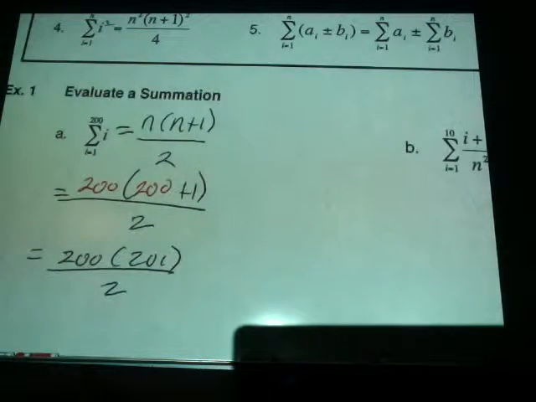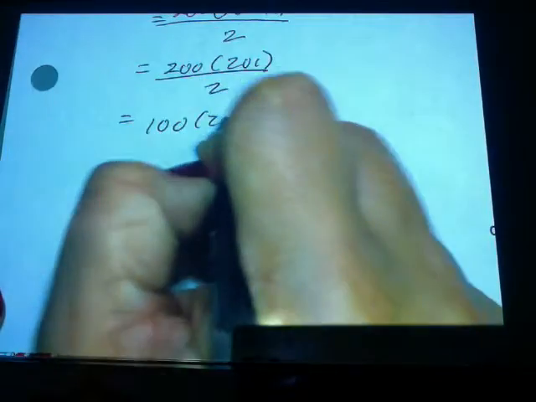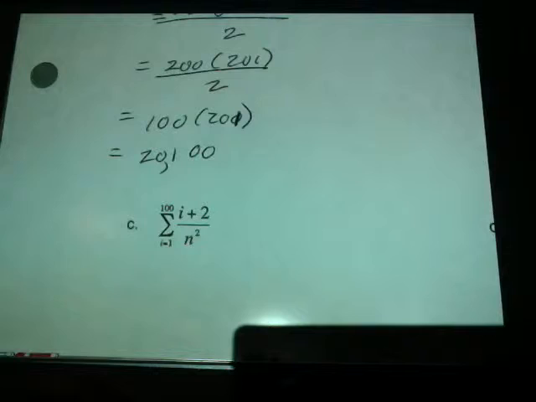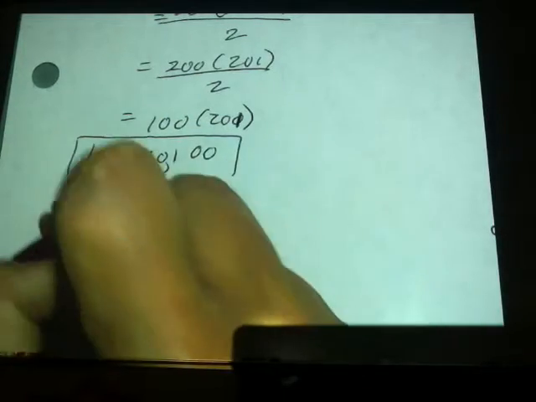Can't I divide 200 by 2? So I really get 100 times 201, and so I'm going to take 201 and tack on 2 zeros to that. And so guess what our limit is? 20,100.